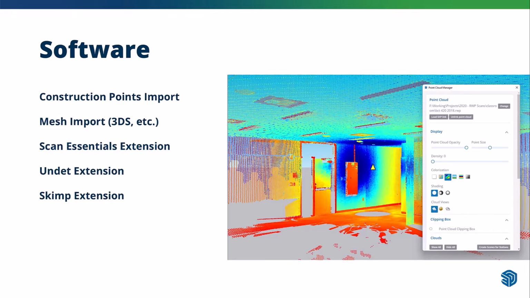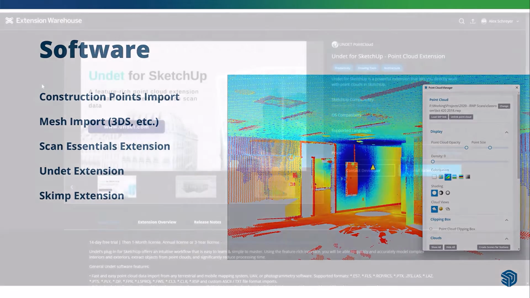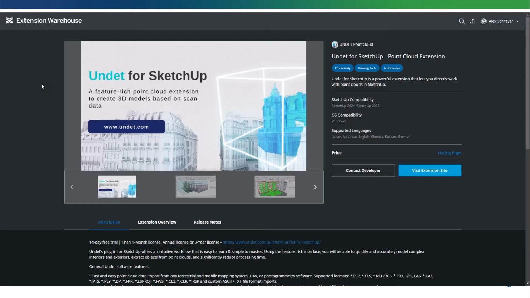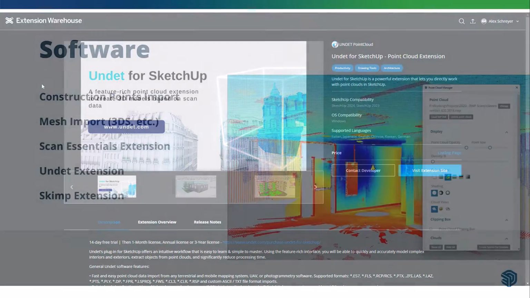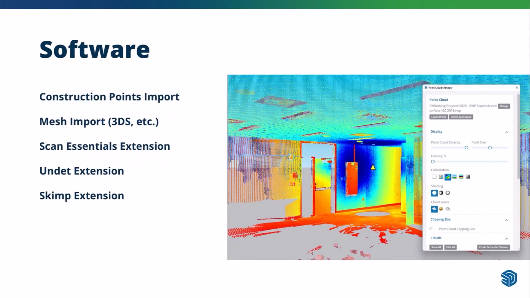Another extension that's out there is the Undead extension. I never know how to pronounce it, but it's a great one for working with point clouds. It has a bunch of processing and classification tools, and I very much encourage you to take a look at it. I'm not going to be working with it today in this presentation, but it's out there and you'll find it in the extension warehouse.